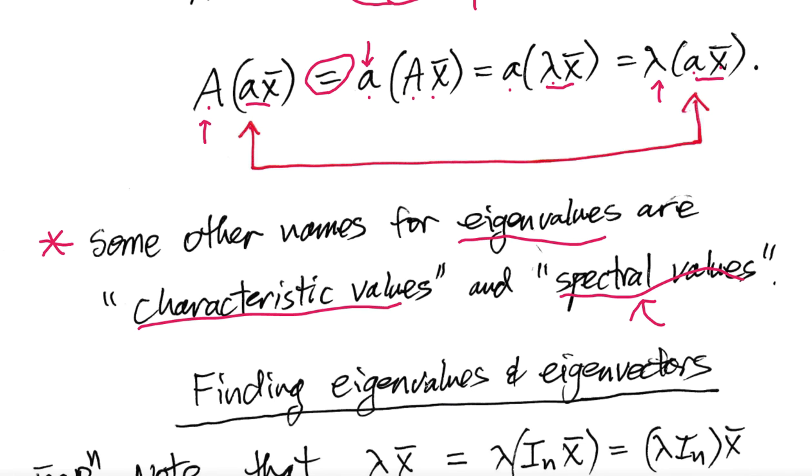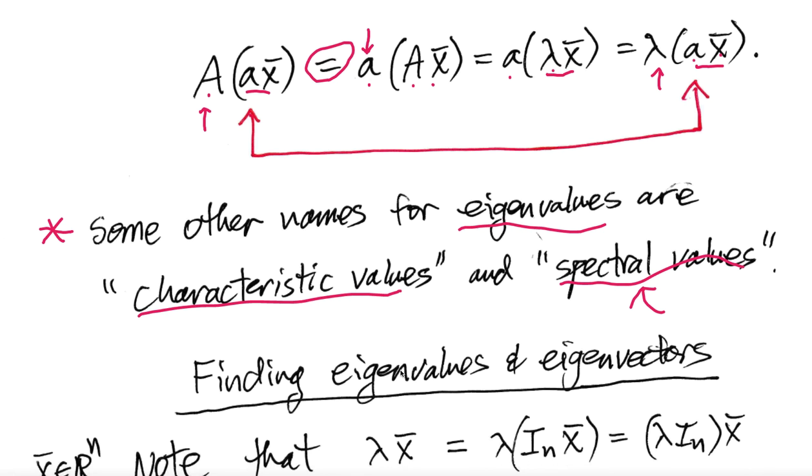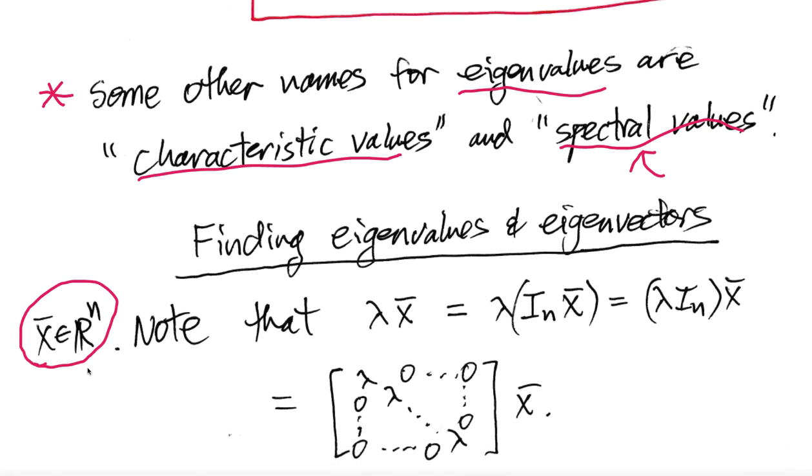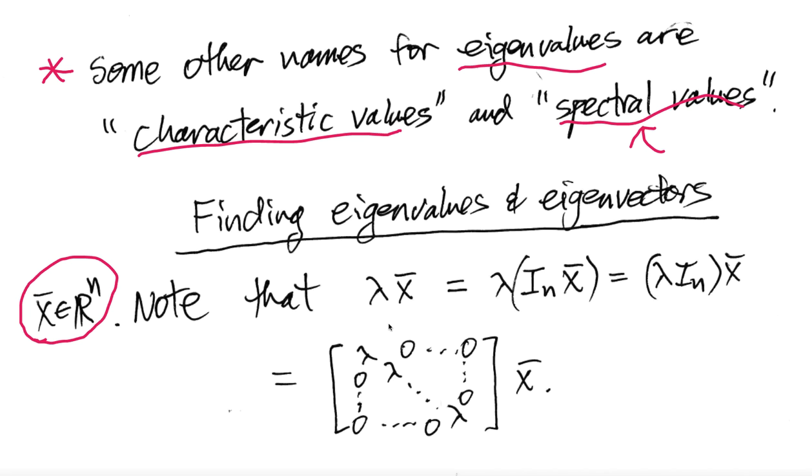Now let's talk about actually computing eigenvalues and finding the corresponding eigenvectors. First, suppose x bar is a real n vector. Again, these could all be complex numbers, but I'm just going to say it's a real vector. Let's notice something real fast.